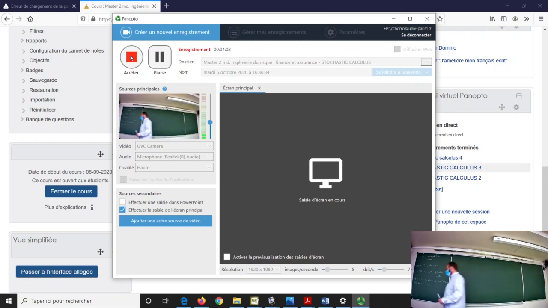So is, I will write it this way: martingale, sub-martingale, or super-martingale if, for all t greater than s in R plus, I have the following.